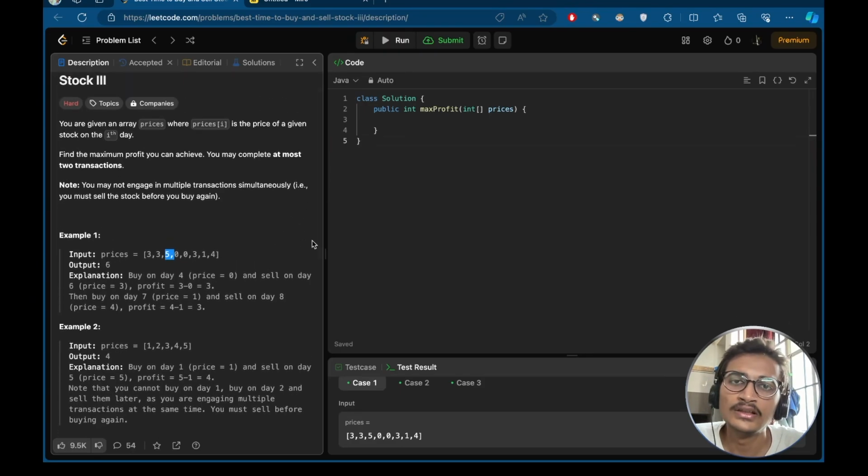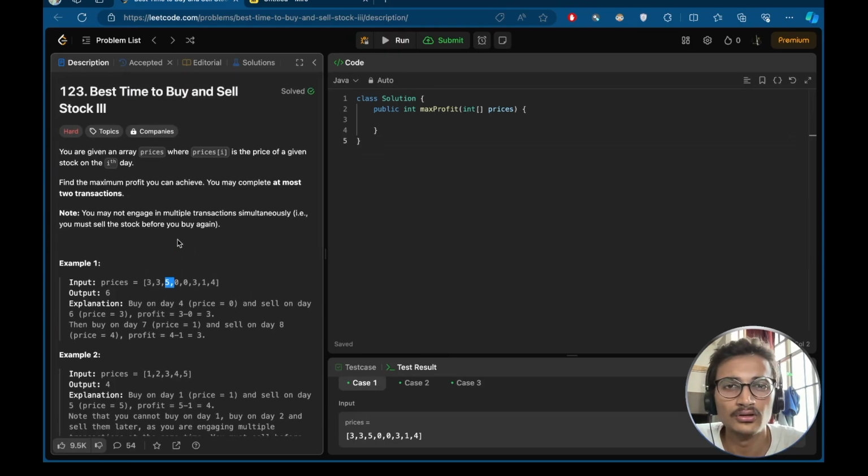There are three approaches to solve this problem. First is the dynamic programming approach, second is divide and conquer, and third is just a single traversal using a for loop and initializing some variables. I will be discussing the third approach, which is the optimized approach as well. So let's try to solve this question using the third approach.